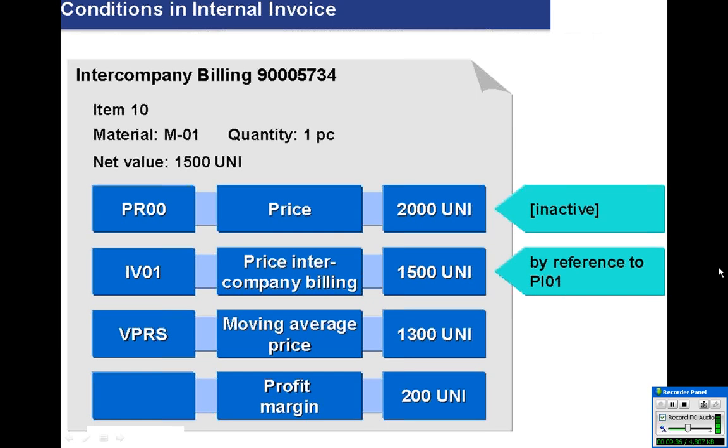Now there is a difference between VPRS and IV01 of $200. So that is the profit margin the other sales organization is making by this trade. So the sales org 2,200, which is selling this stuff to the customer, is making $700 USD, and the sales org 1,000, which is selling to 2,200, is also making 200 USD from this transaction.